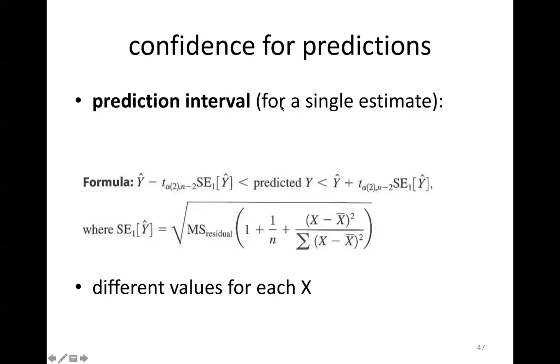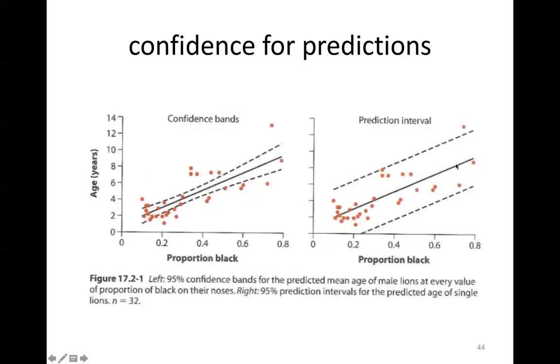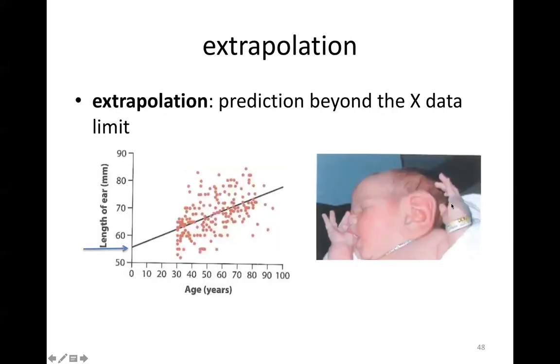The prediction interval for a single estimate is where we would expect a single y value, a single observation, to lie. The total range for a single observation to lie within, that's the prediction interval. The confidence band is only where the mean would be lying, here it is where 95% of the whole data would be lying.